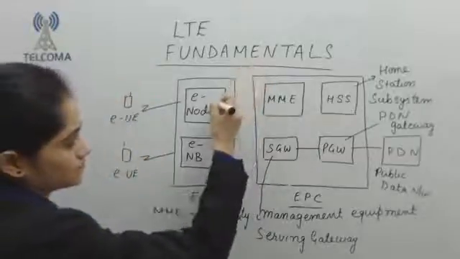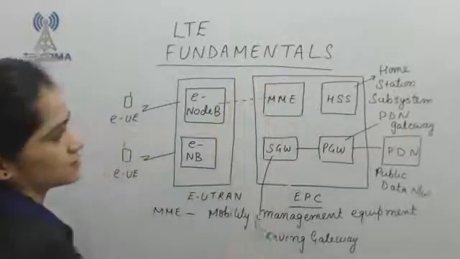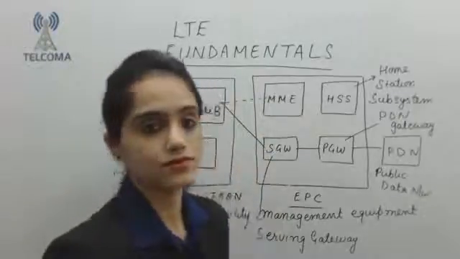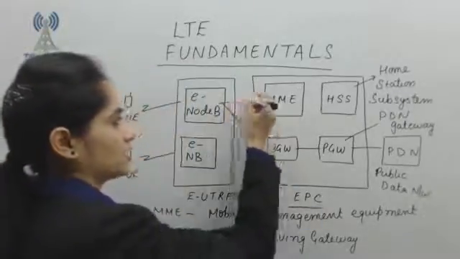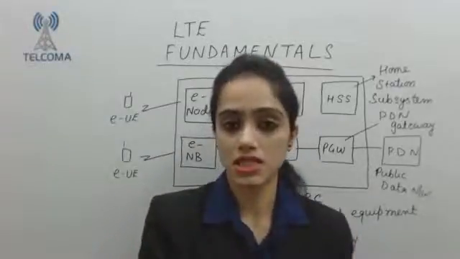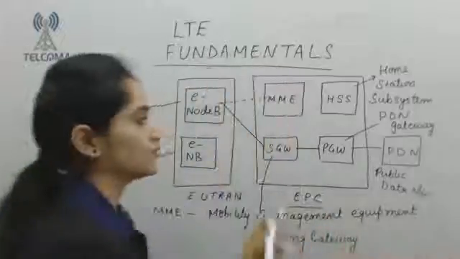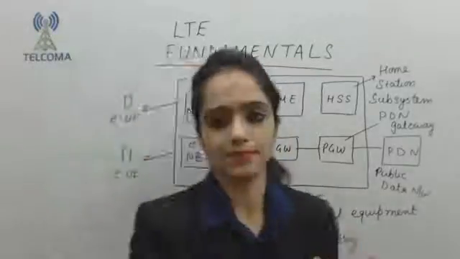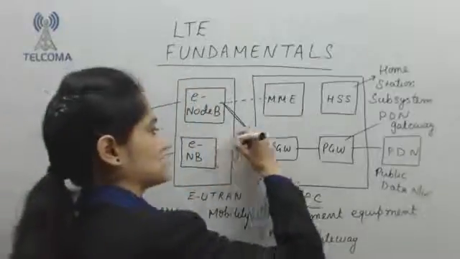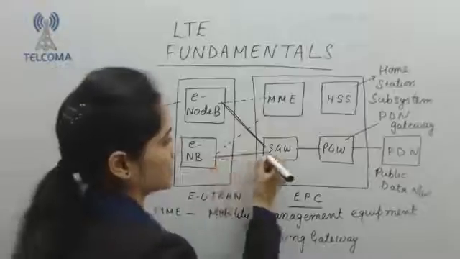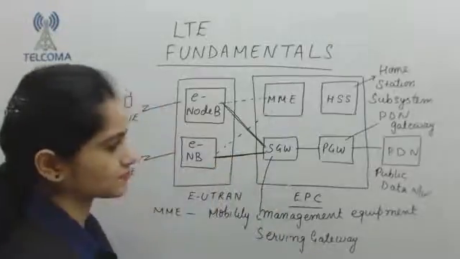The dotted line shows that eNode B will contact MME for signaling procedures, and the bold line means it has to contact serving gateway for data. So it will communicate to MME for signaling and simultaneously to the serving gateway for data.